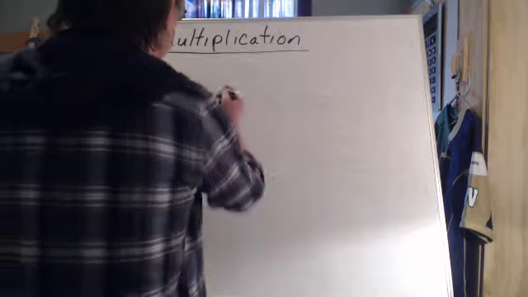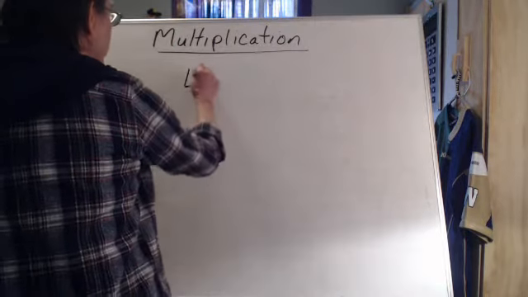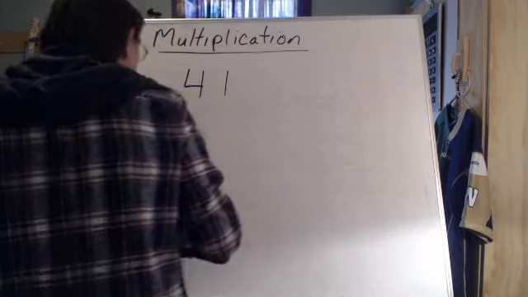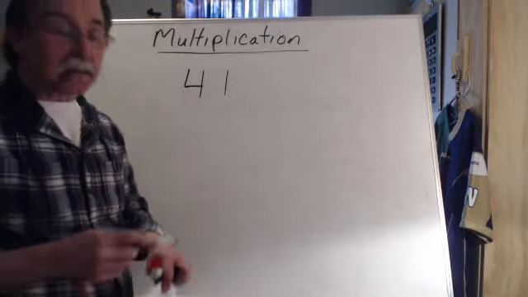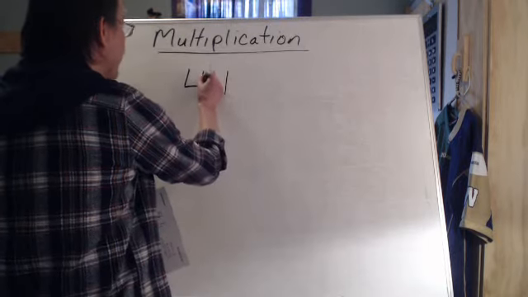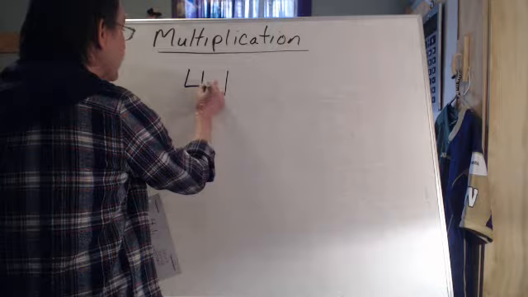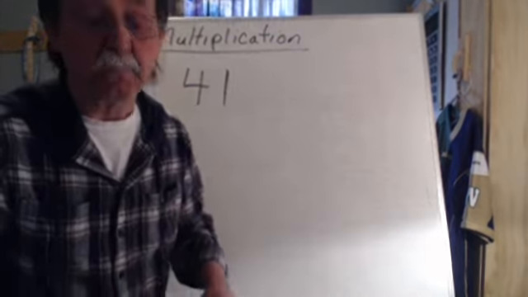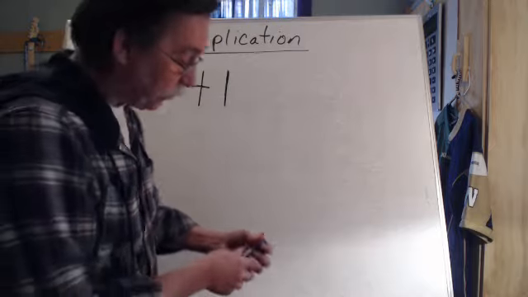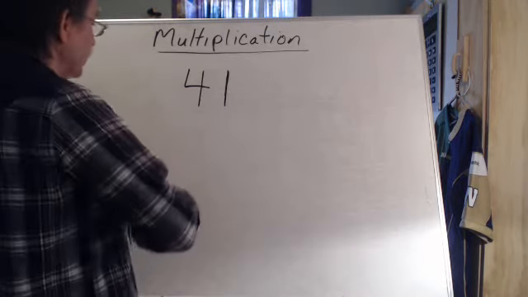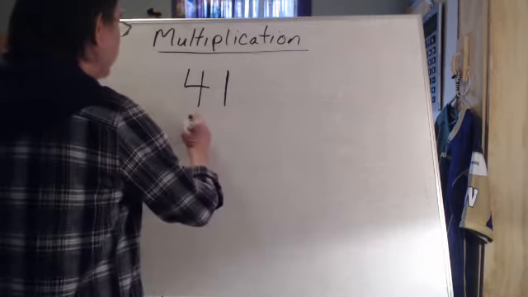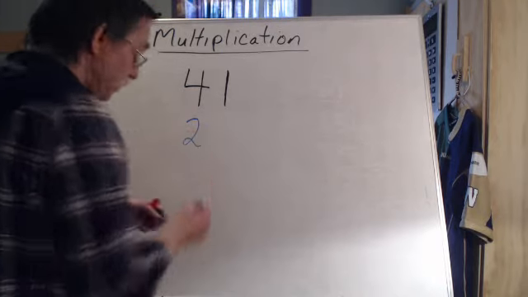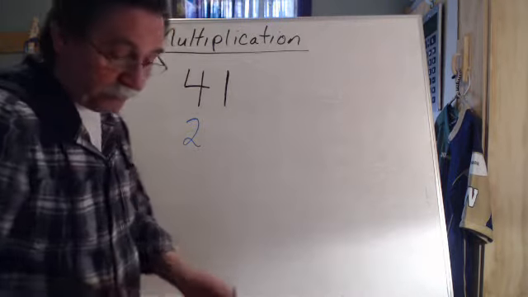So we're going to have the number 41. And we are going to multiply that by 23. So I've got a blue 2, and I've got a red 3.